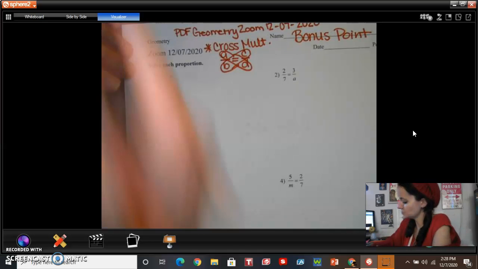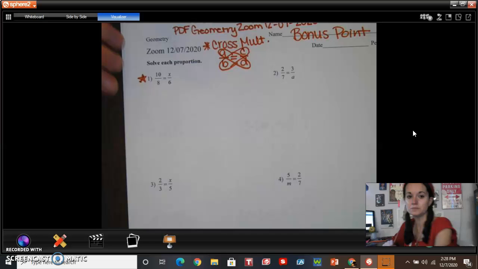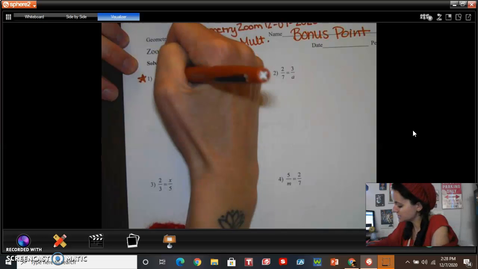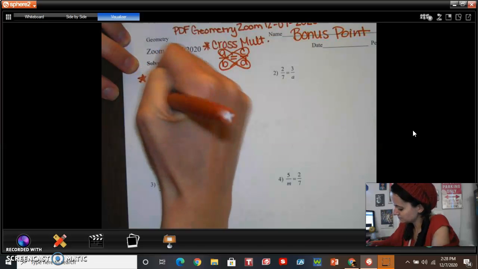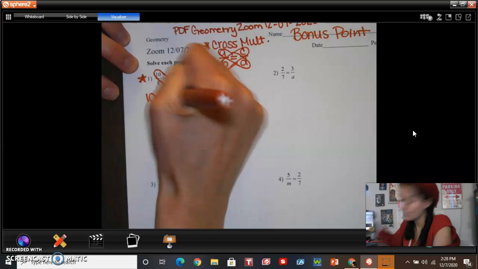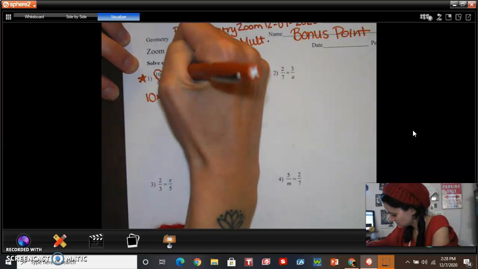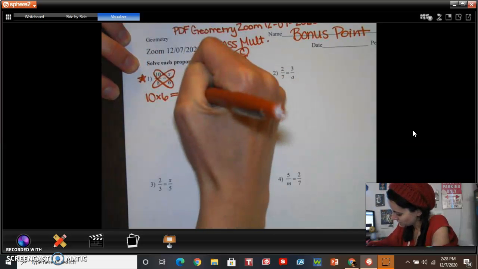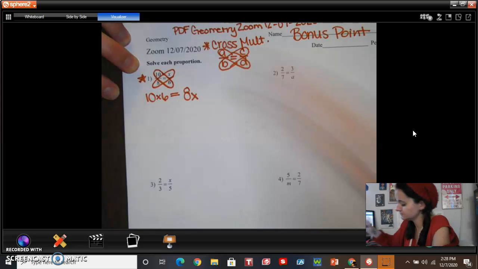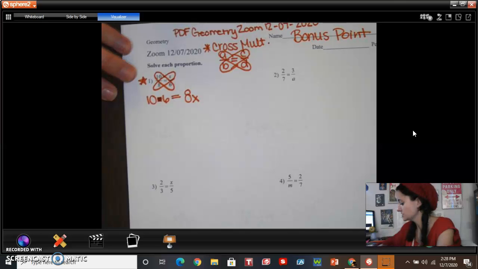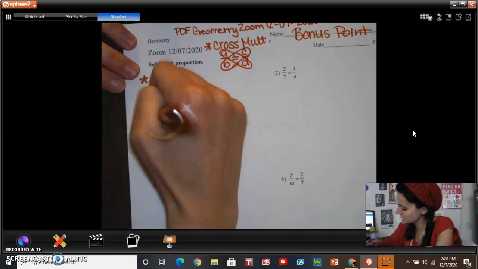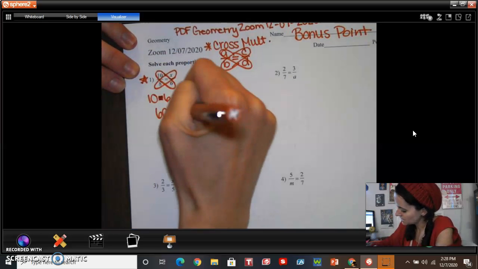All right, so our first one here, number 1. If I was to do cross multiplication on this problem, I would take 10 and multiply it by 6, and then I would take 8 and multiply it by x. I don't want to use x as multiplication. There we go. So then we just solve it. 10 times 6 is 60, equals 8x.